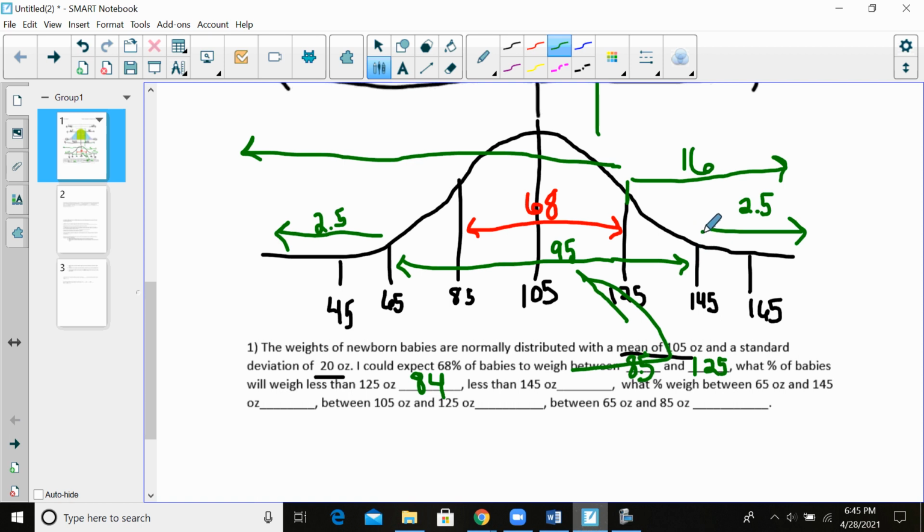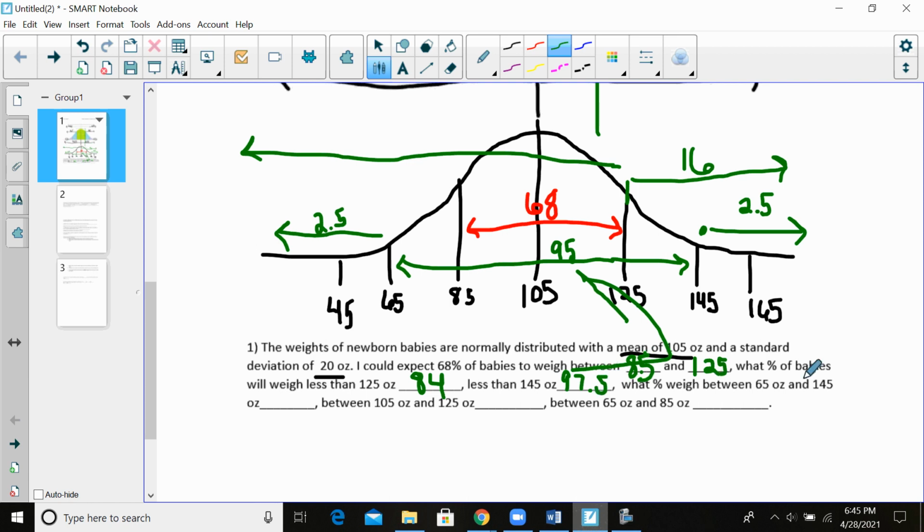There's only 2.5% that weigh more than that, which means when I go in the other direction, if I take 100% and subtract the 2.5%, right, going this direction down, I would get the 97.5%. I'm sorry, I'm having trouble writing with this.